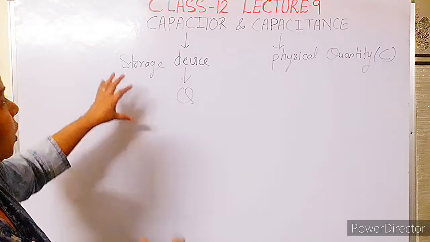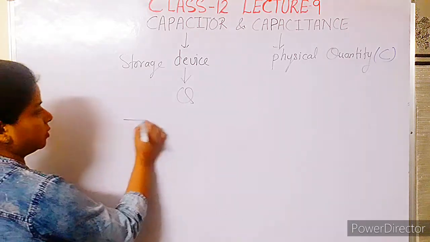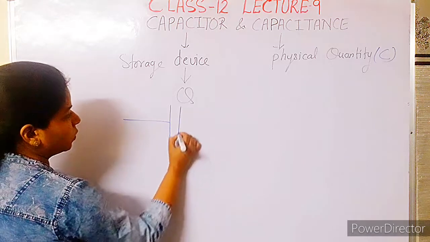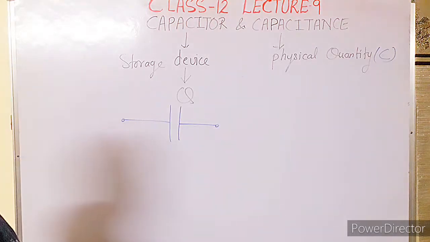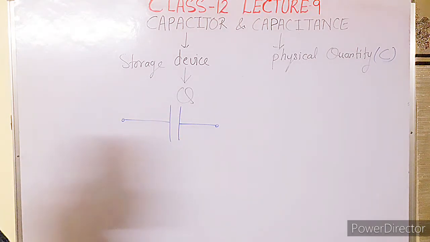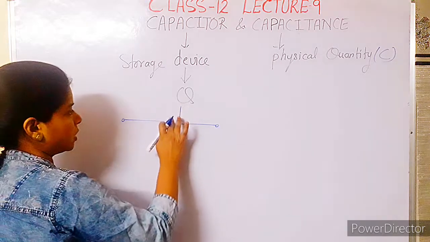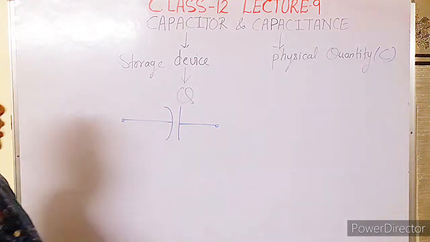Now come to the symbolic representation of this storage device. The electrical symbol of a capacitor is represented by two parallel lines, and sometimes by a curved line and a straight line.